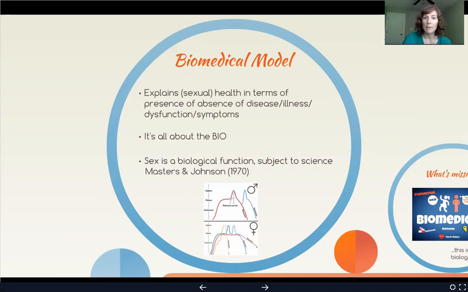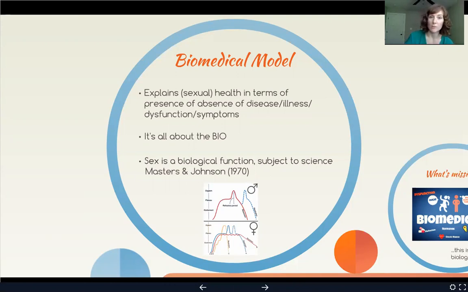For those of you not familiar with the DSM, that is just how we categorize all dysfunctions in mental health, and sexual dysfunctions are listed in there as well. Things like erectile dysfunction and dyspareunia, which is pain during sex, and dysfunctions of desire or interest. So that's where we get them from, and that really operates in a biomedical model.